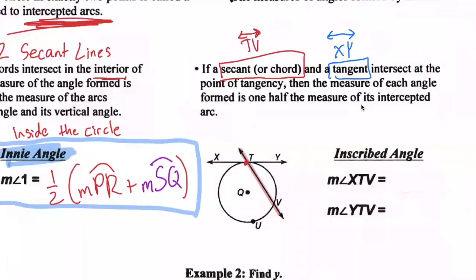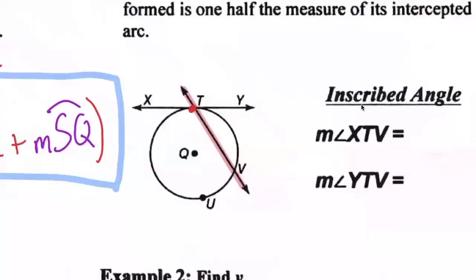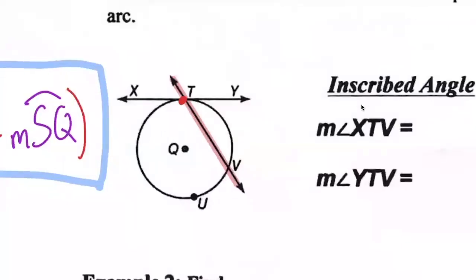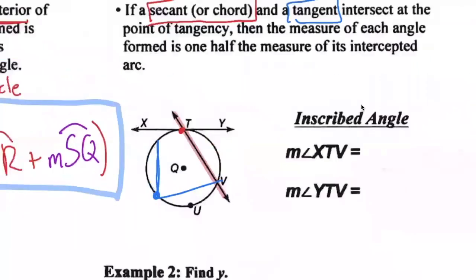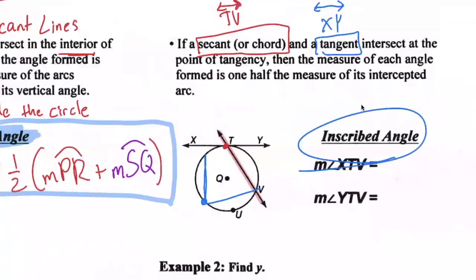The only thing you need to know about this diagram, look at this picture. What type of angle do we always call it if it's on the edge of the circle? These are what we call inscribed angles. So it's nothing new, but now we have 2 inscribed angles.